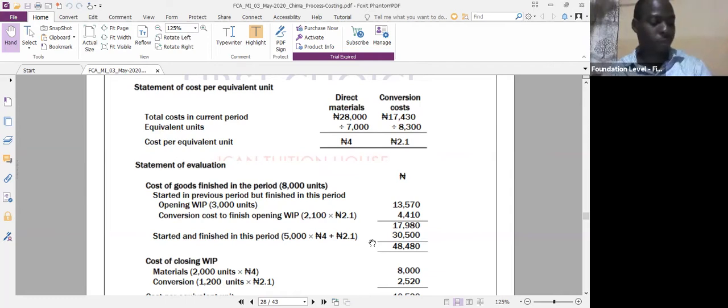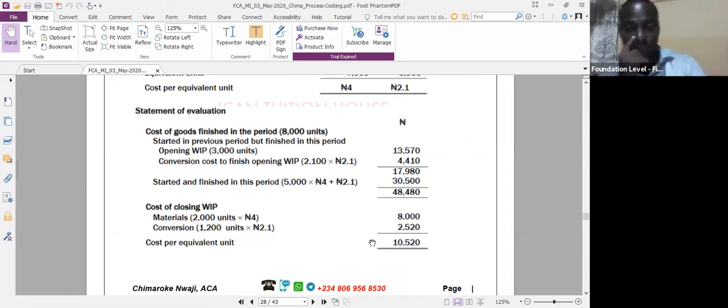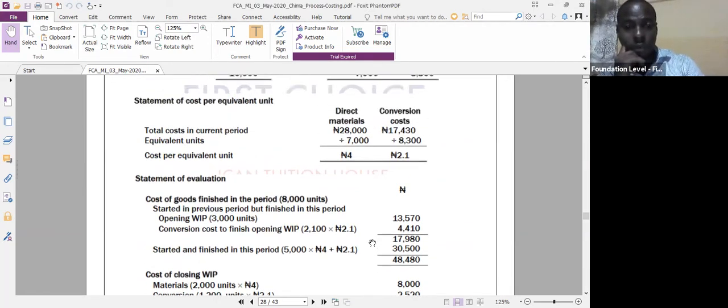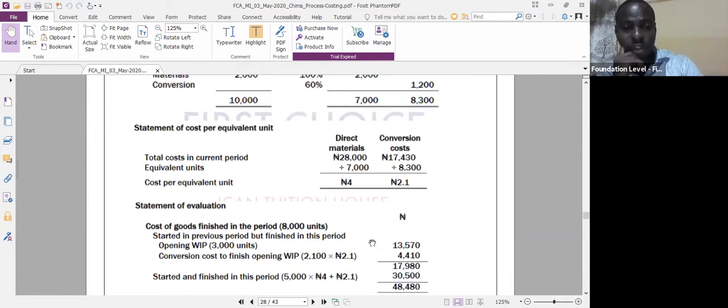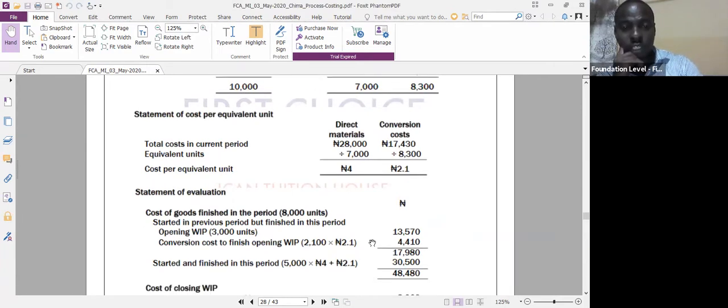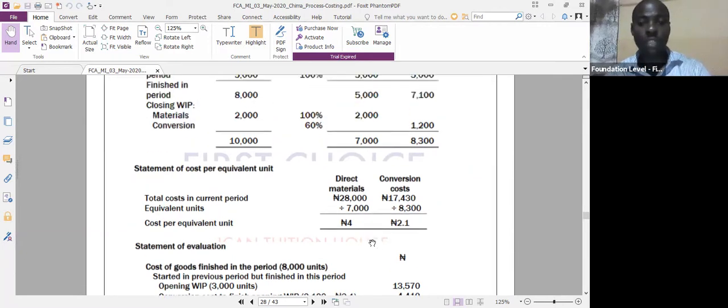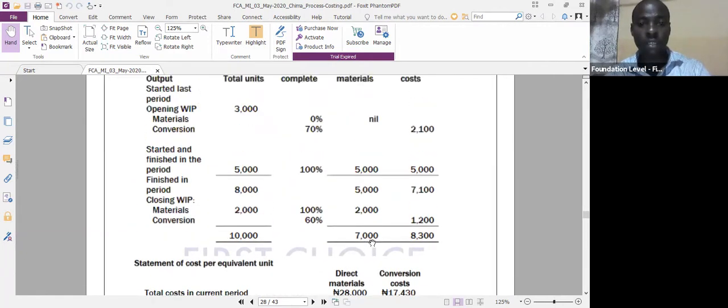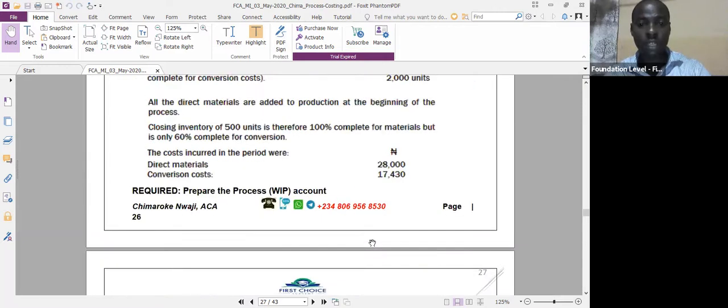Okay, so when we look at the statement of costs per equivalent units, total cost in the current period, we have 28,000. How did we get the 28,000?